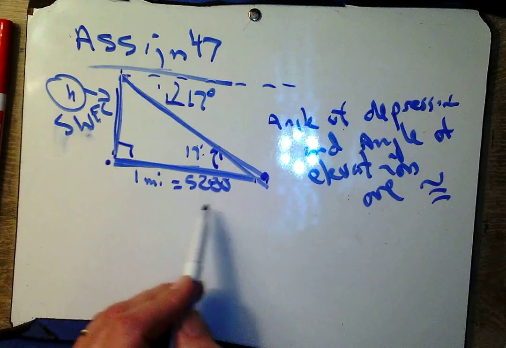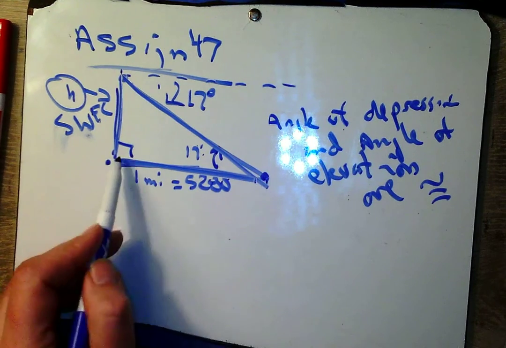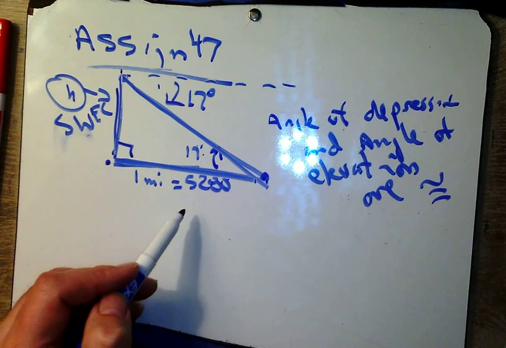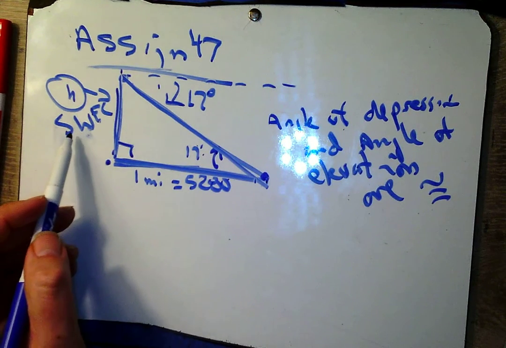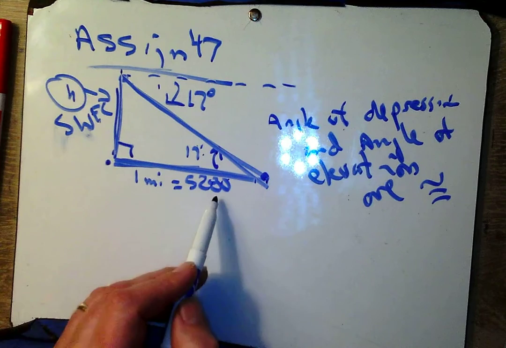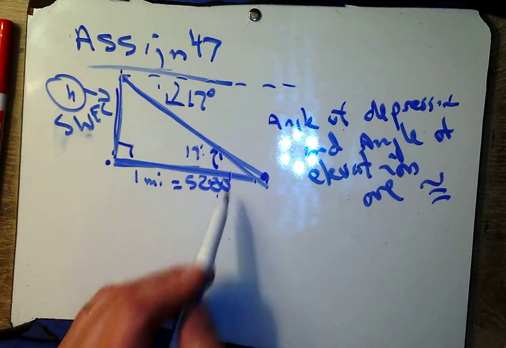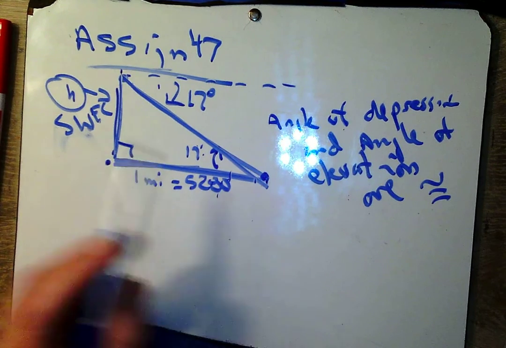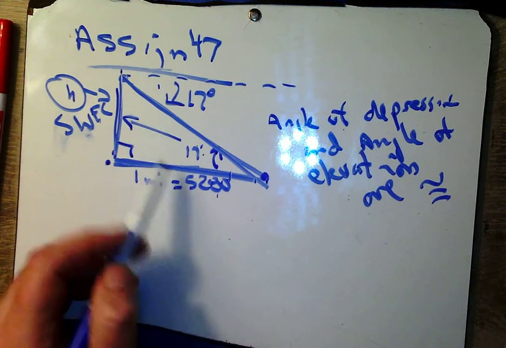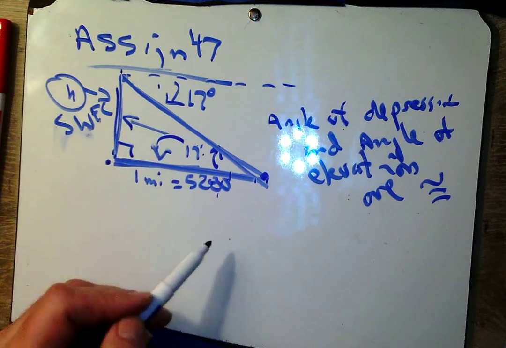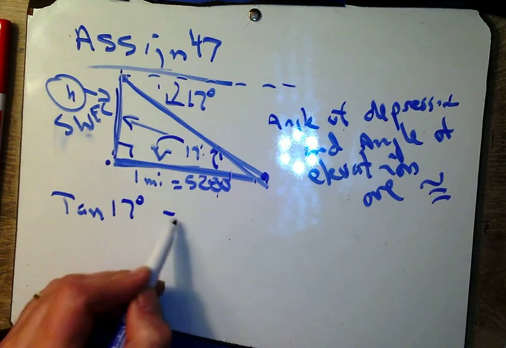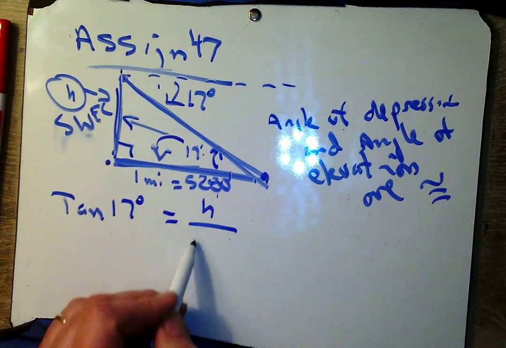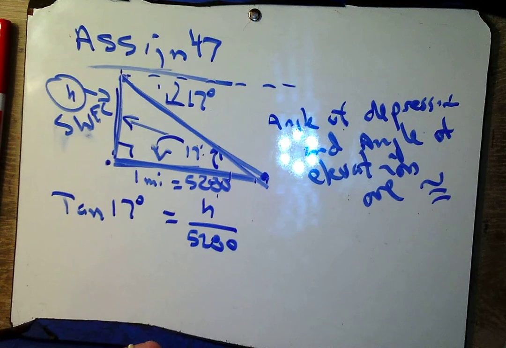I only know this side, 5,280 feet, or 1 mile. Generally speaking, we don't measure buildings in terms of miles, so I'm going to use the 5,280 feet. And I agree, I'm looking for the opposite side. I know the adjacent side. It sounds a lot like tangent of that angle should be height over 5,280.